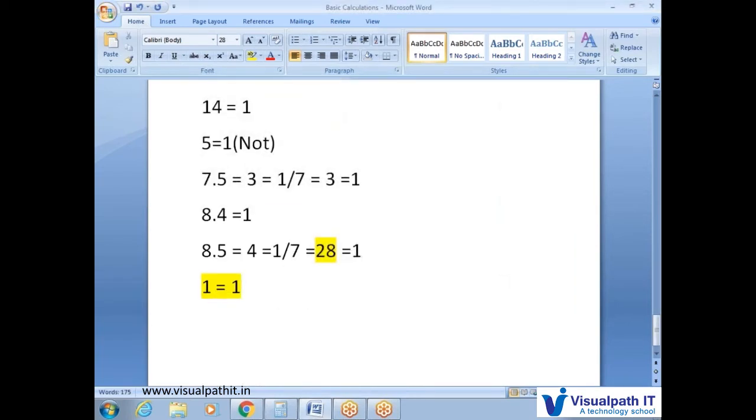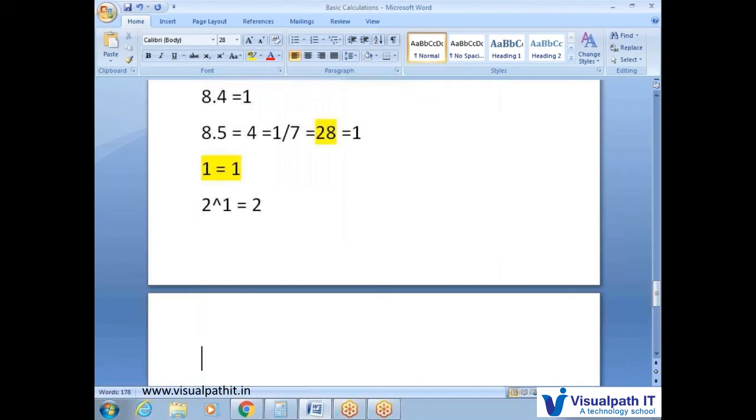And one more shortcut, square roots, all of you, like 2 power 1, 2 square, 2 cube, 2 power 4, like that. So I'm asking, 2 power 1 is equal to what is the value? 2.